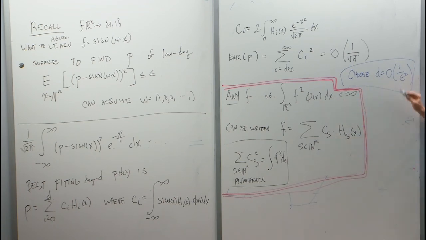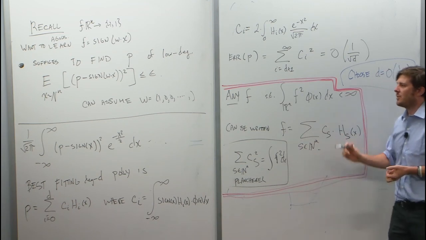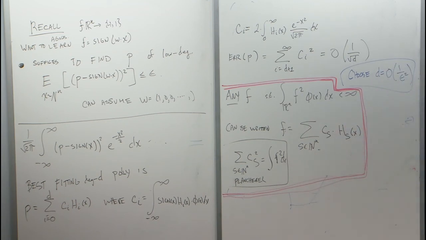And you're always going to have these nice facts that we use in the discrete setting, namely Parseval's equation and best fitting degree d polynomials. So that was very helpful to think about, and I'll come back to this in a bit.